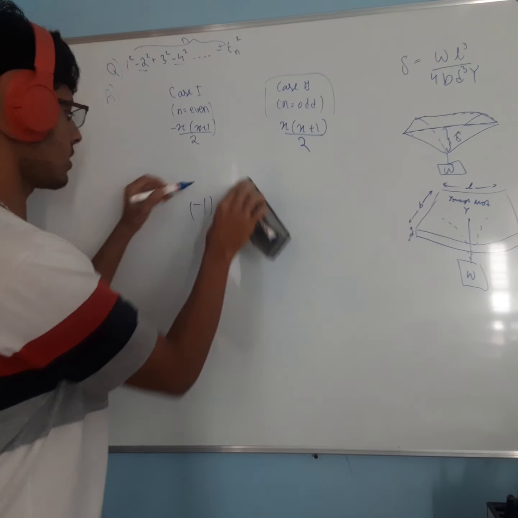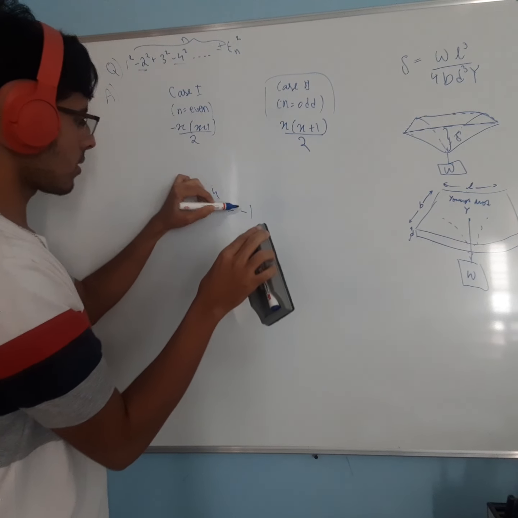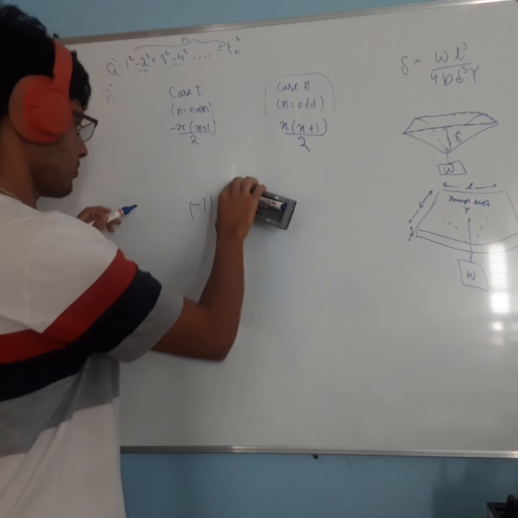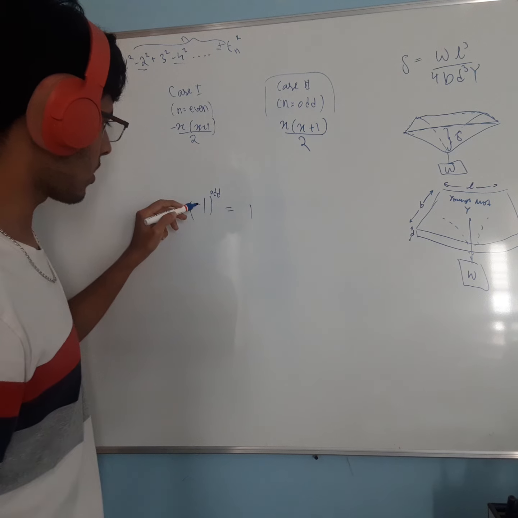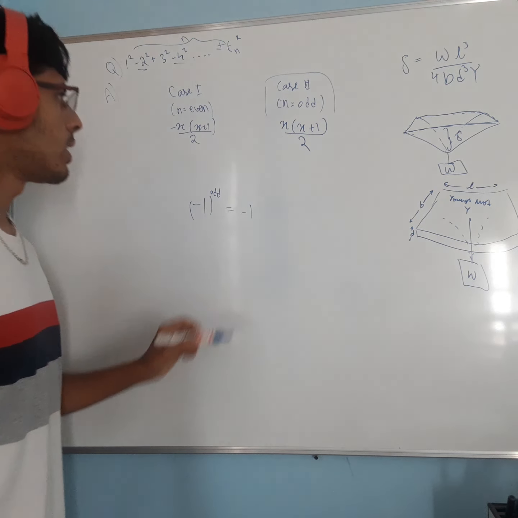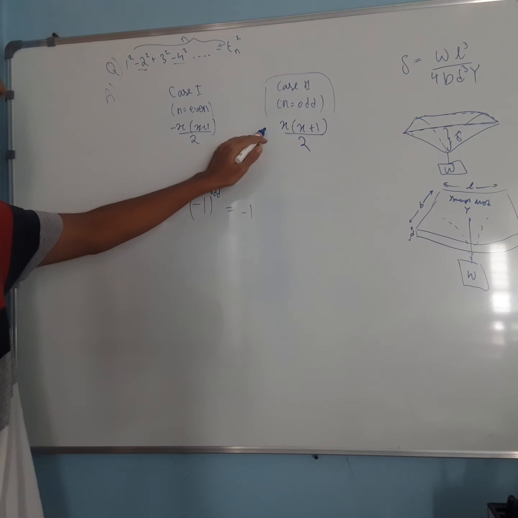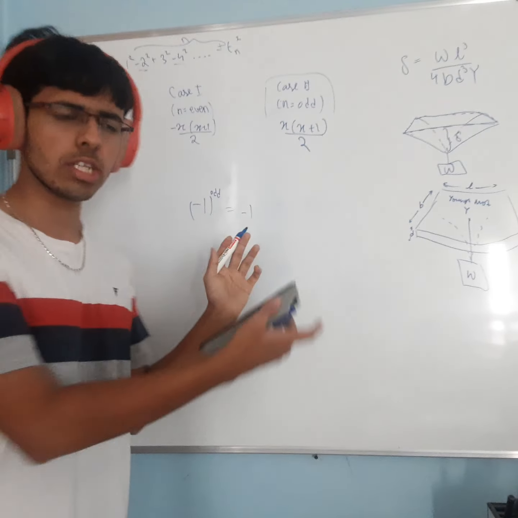Power 3, it's going to become negative. Power 4, positive. So minus 1 raised to an odd power is always going to give you a negative 1. But in this case, we see that for the odd numbers, there's actually a positive sign. So I want to reverse it from how it actually behaves.